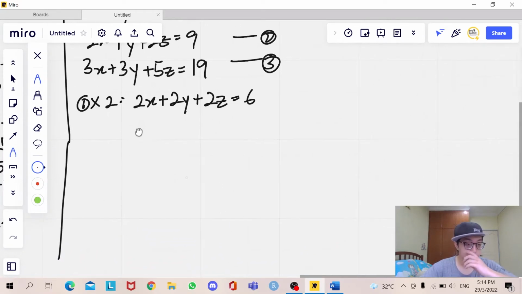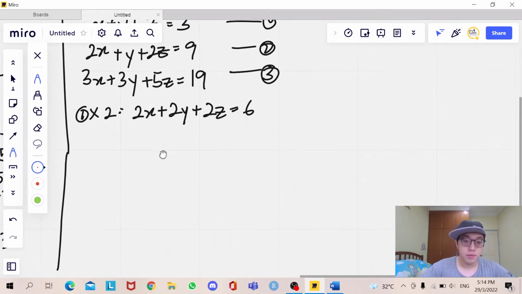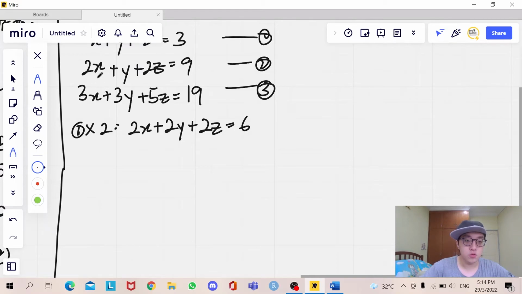Now you see that both 2x is the same, so we will use 1 minus 2. Therefore, we will get y equals to -3, right straight away.